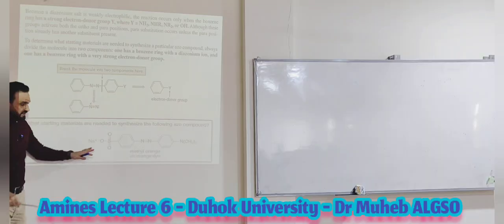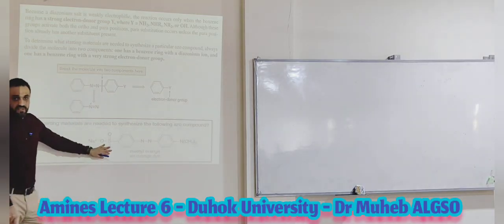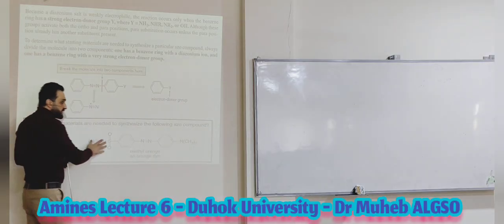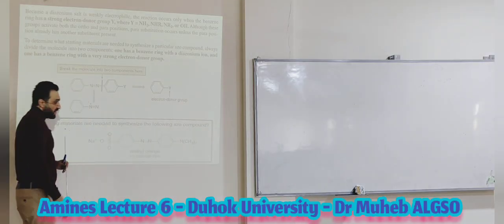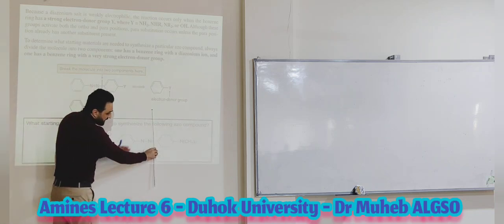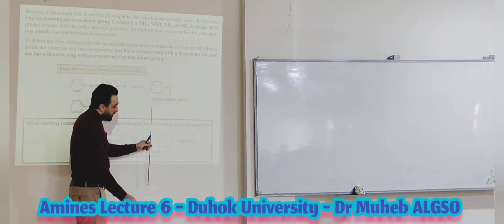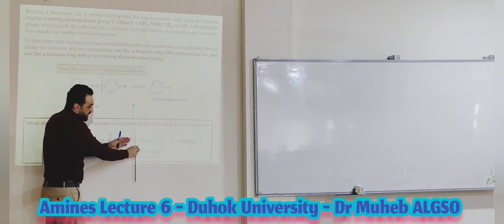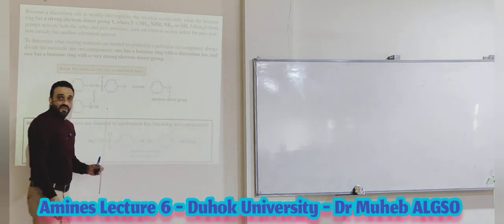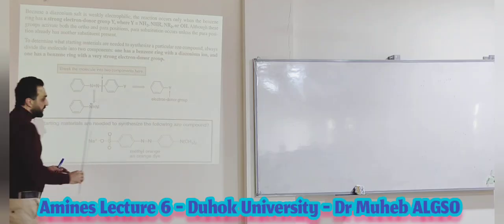If I told you I want to prepare this compound by diazonium salt coupling, the coupling may come from this diazonium salt and this aryl part, or the coupling may come from this aryl and this diazonium salt. You have to know which one is better than the other.